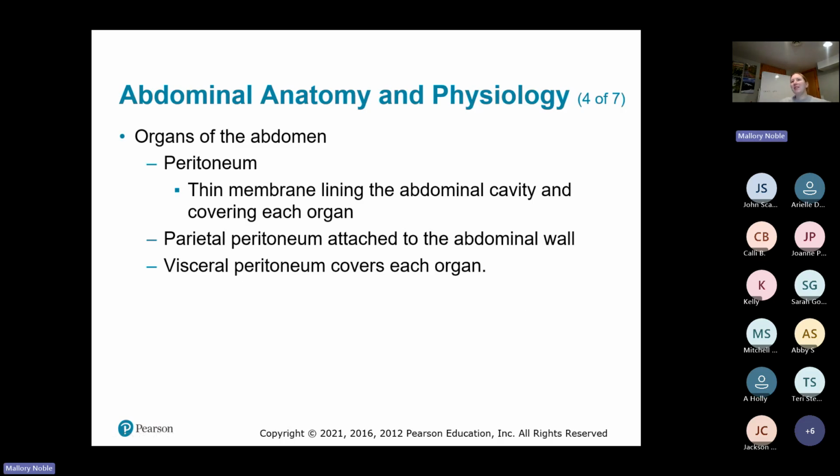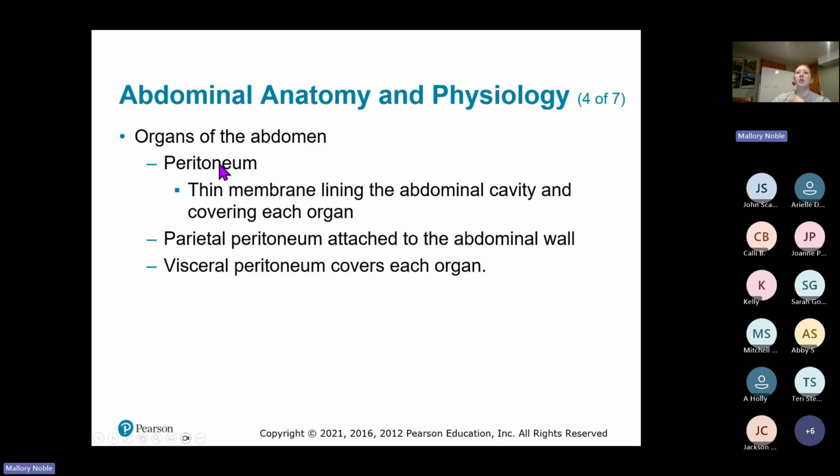So the peritoneum is a thin membrane lining the abdominal cavity and covering each organ. Parietal peritoneum attaches to the abdominal wall, and the visceral peritoneum covers each organ. So all 3 of our cavities within our body have some sort of lining. Depending on where it's at, we use different descriptors. So peritoneum would be in reference to your abdominal cavity.